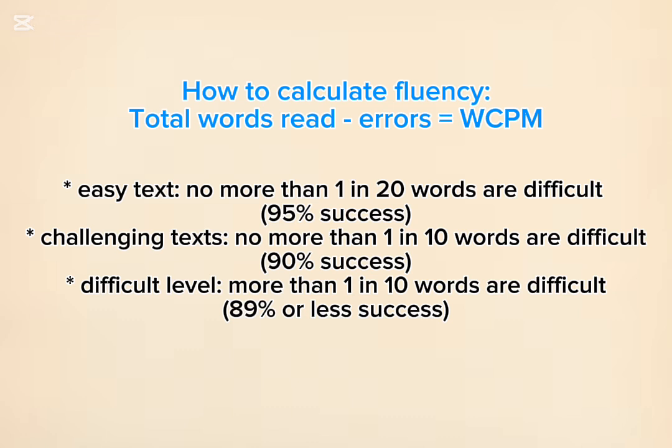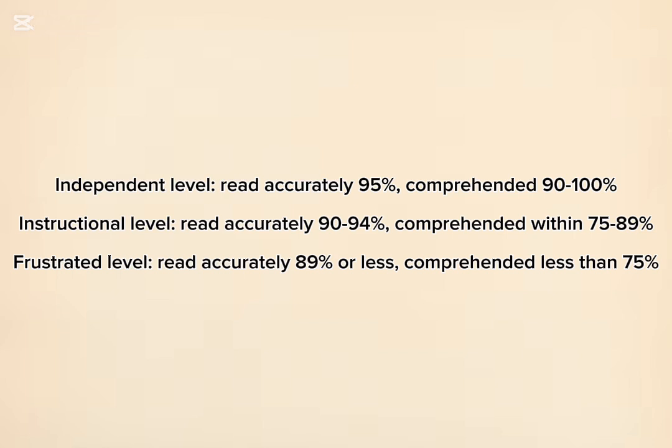Easy text. No more than 1 in 20 words are difficult, 95% success. Challenging text. No more than 1 in 10 words are difficult, 90% success. Difficult level. More than 1 in 10 words are difficult, 89% or less success. Independent level.